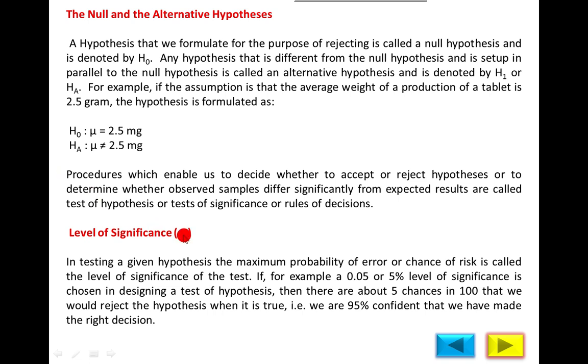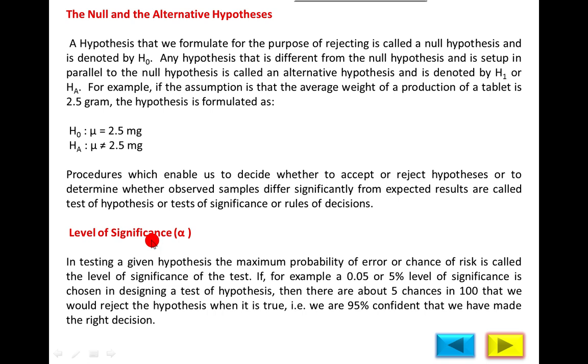If you test the hypothesis and the decision is to reject the null hypothesis, your decision may be wrong if you take 5%, or you will be 95% confident you have made the right decision. So in testing of hypothesis, it depends on the field of the data. In the field of medical sciences, we take 5% or 1% level of significance.